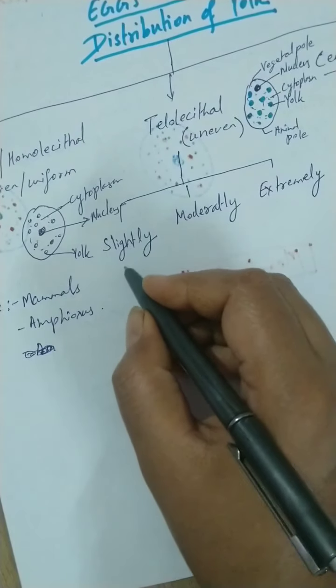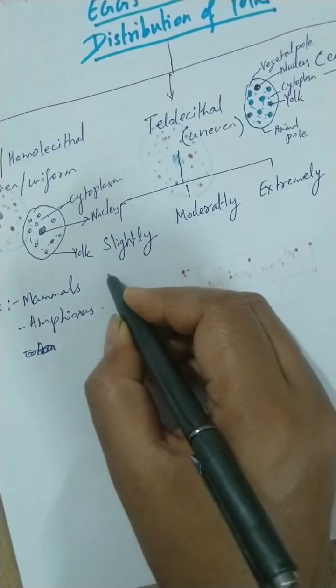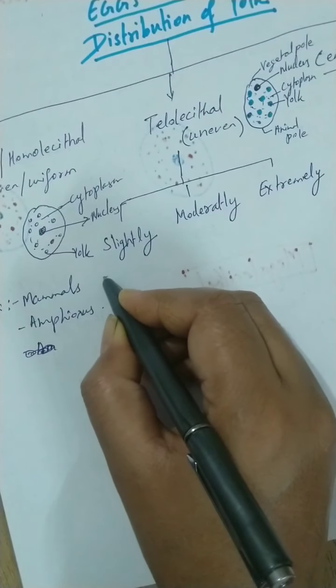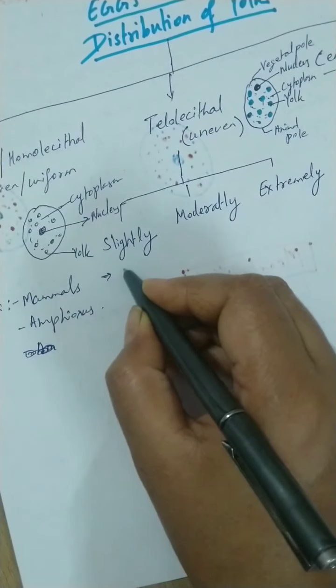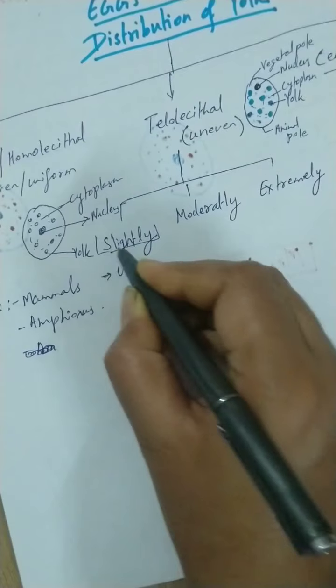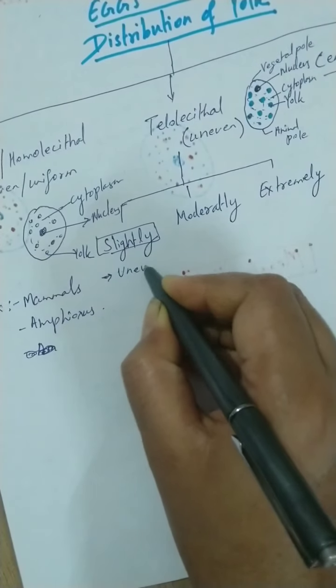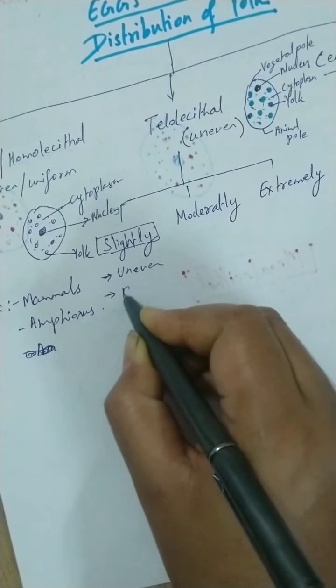In the slightly telolecithal type of eggs, an uneven distribution of yolk is present. This type of egg is present in fishes.